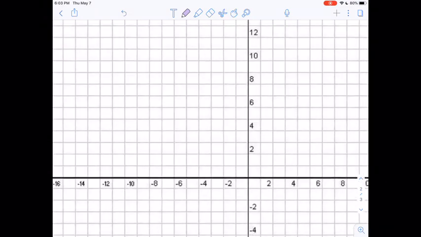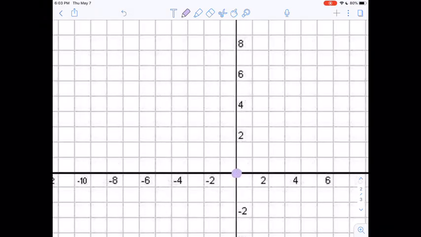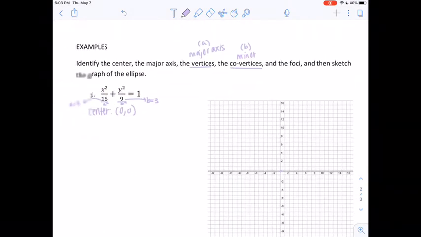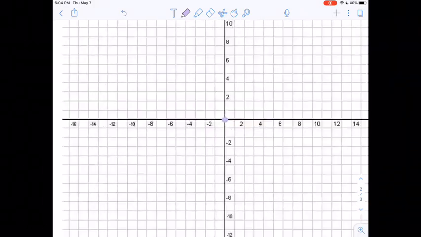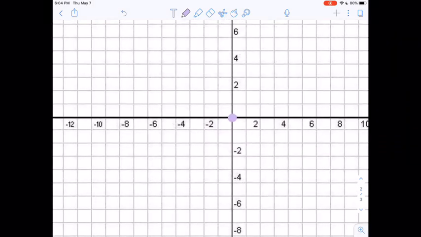So I'm going to plot my center at 0, 0. And this right here, A equals 4, is telling me that I need to travel along the x-axis 4 spots in both directions. Okay, so on the x-axis, the horizontal, I'm going to go 4 spots to the left, 1, 2, 3, 4, and I'm going to plot that point.